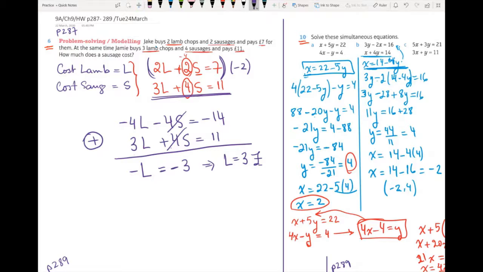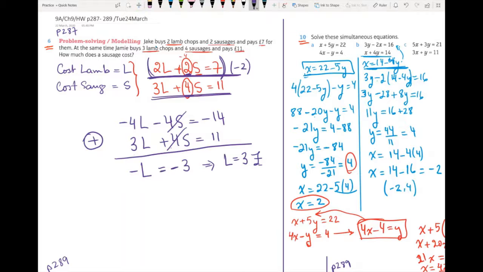Therefore, I take 3 and I replace it in either one of these equations, and I get the value of the sausage. Since S here has a coefficient which is smaller than in this equation, which is 4, I prefer to replace in equation 1.